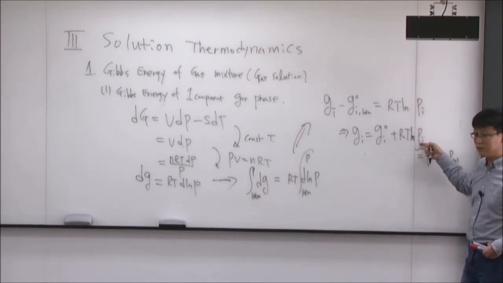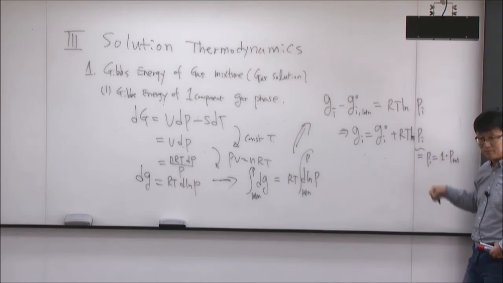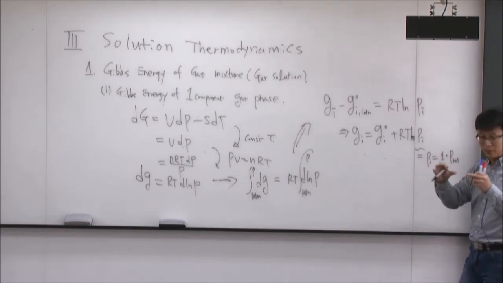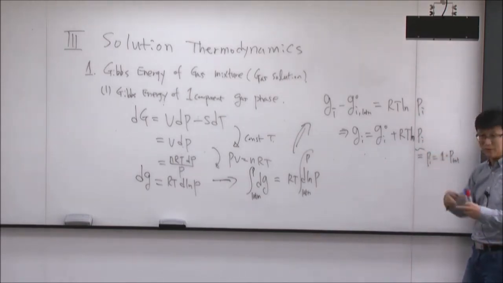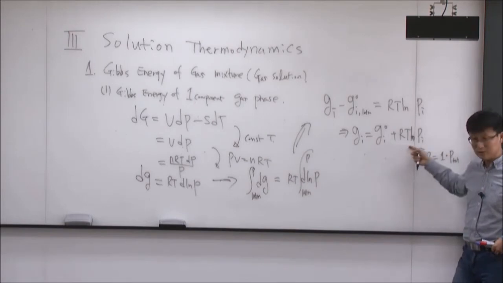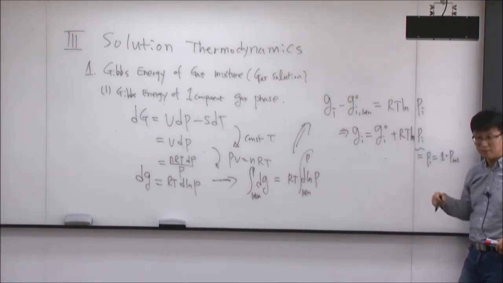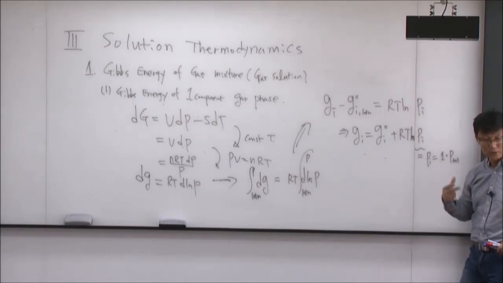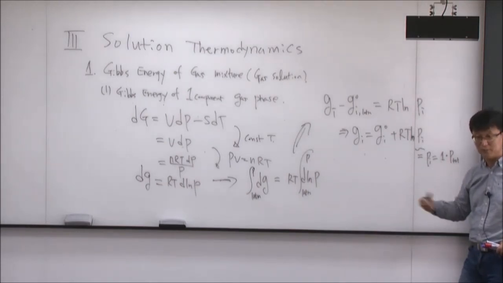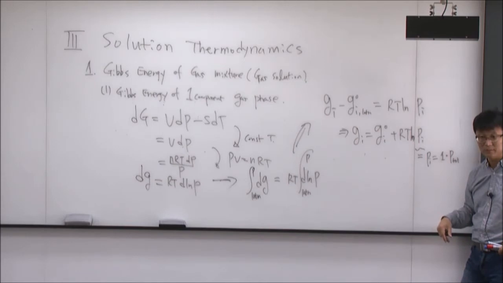If I decrease the total pressure, then the Gibbs energy in general decreases from the 1 atm Gibbs energy. So it becomes a more and more stable phase. Is it okay? So the gas phase becomes more stable.